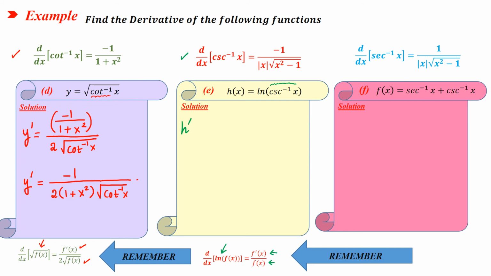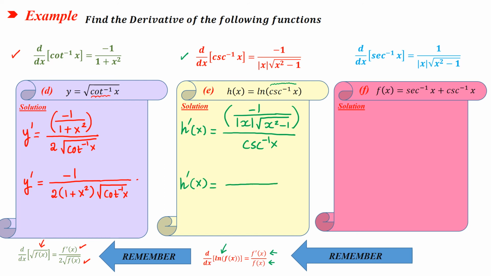So h prime of x equals the derivative of the inside function, minus 1 divided by the absolute value of x multiplied by the square root of x squared minus 1, divided by the inside function, which is cosecant inverse of x. Now you have to combine the denominators and you will get the derivative of this function. So we have minus 1 divided by the absolute value of x multiplied by cosecant inverse of x multiplied by the square root of x squared minus 1.